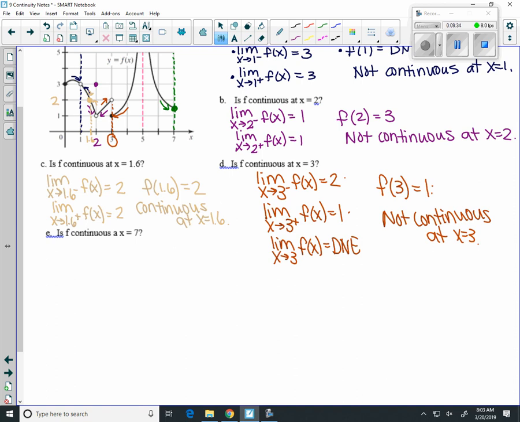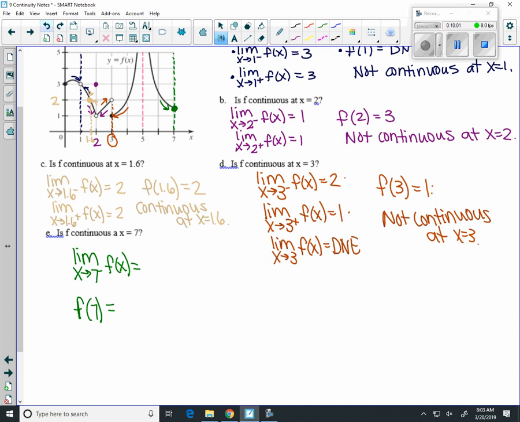So now instead of having 3 things to compare, the left hand, the right hand, and the actual ordered pair, we're going to just compare the left hand limit and the ordered pair. And if they match, it's continuous. If they don't, then it's not.